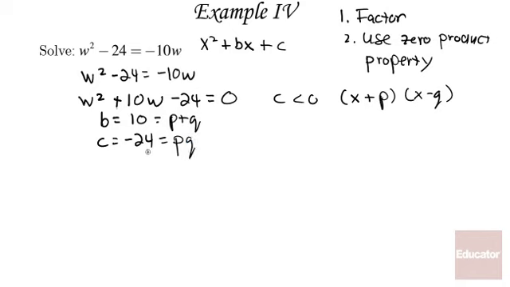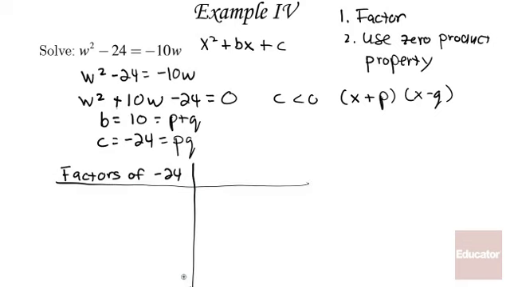The product of P and Q is going to be -24. So I'm going to find factors of -24, and I want factors that will have a sum that is going to equal 10.